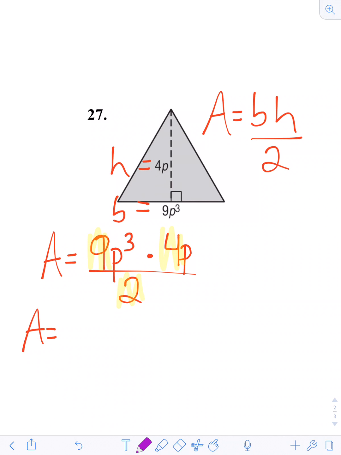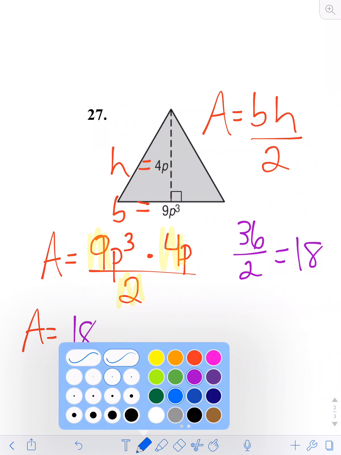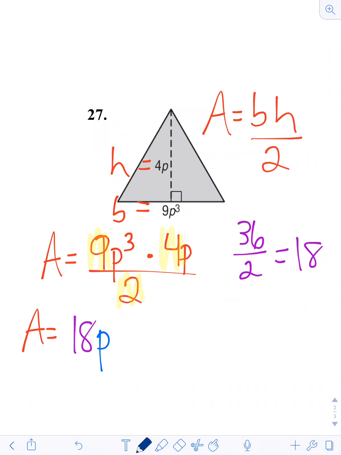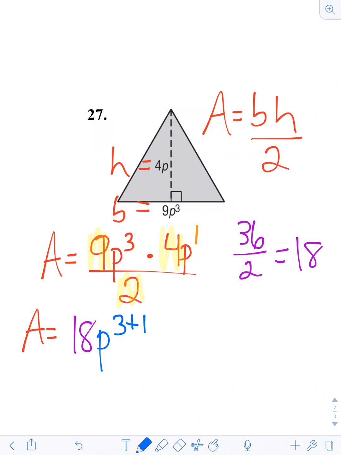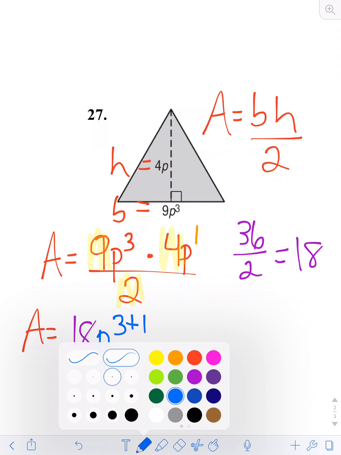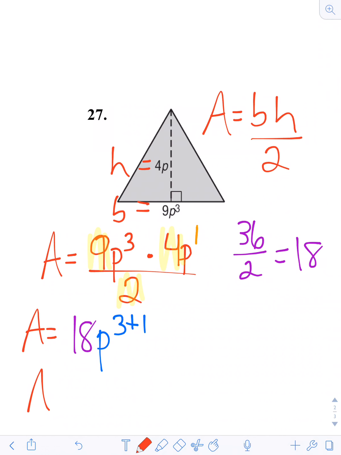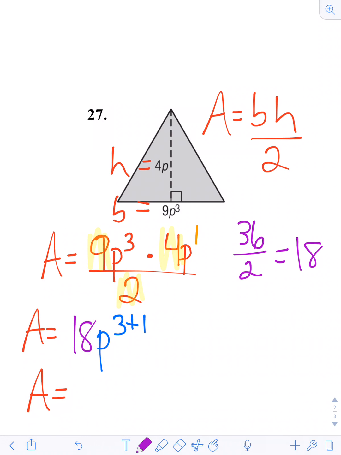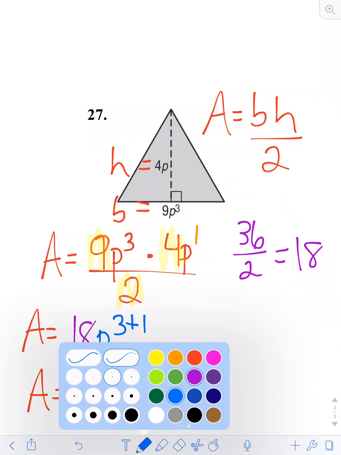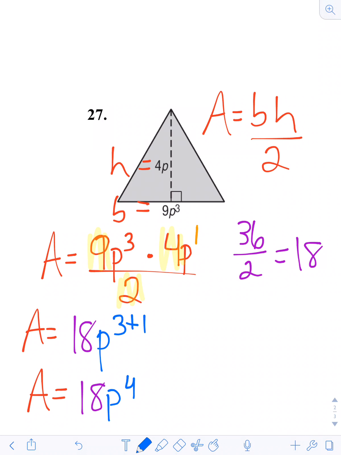You have 36 divided by 2, and that gives you 18. And then I have p. My exponents were 3, and I have a 1 here. So we have 3 plus 1. So my final answer here, area is equal to 18, and then 3 plus 1 is 4, p to the 4th power. And that is my final answer.